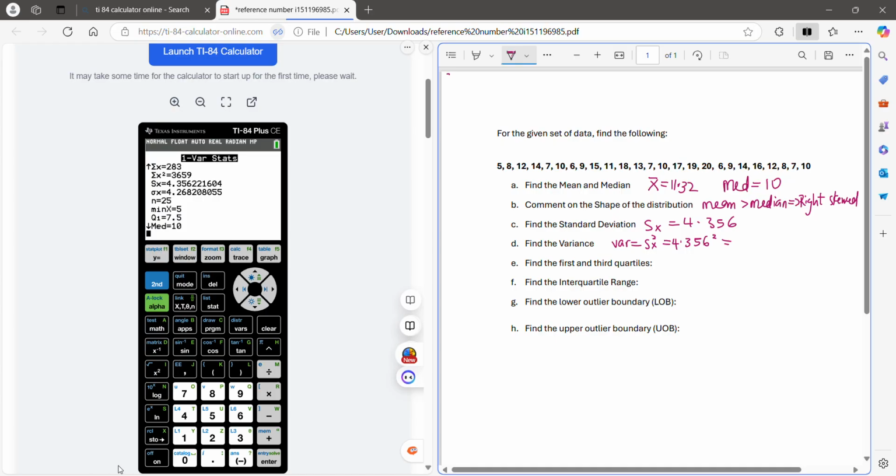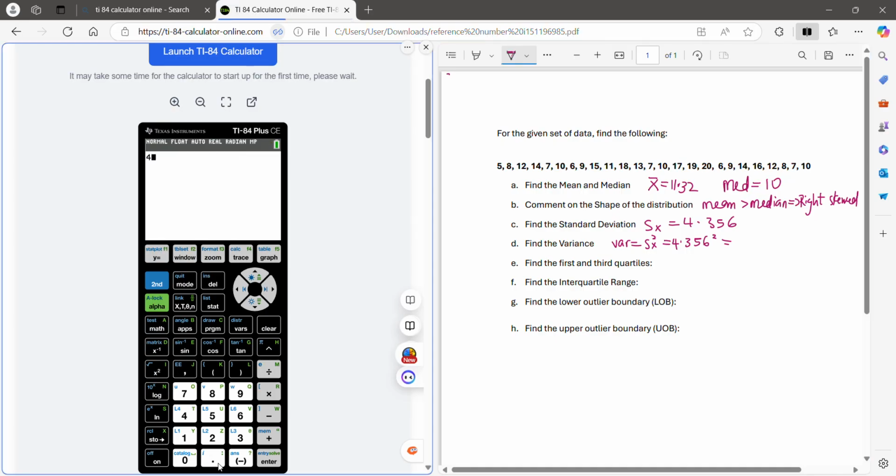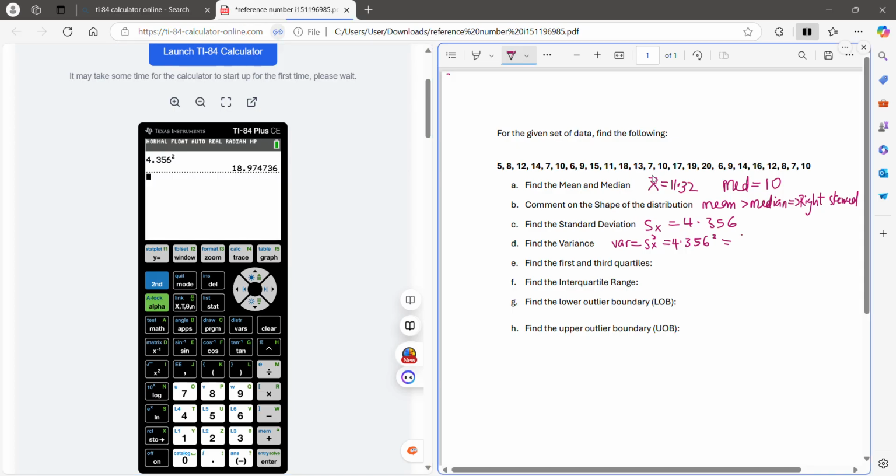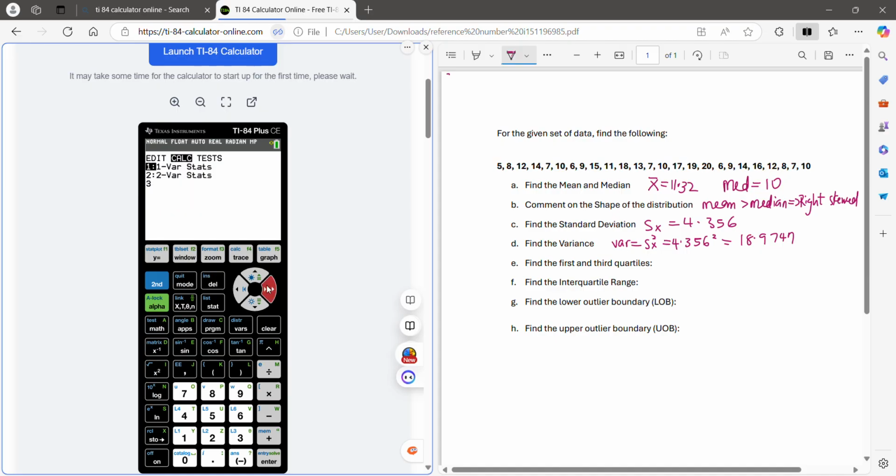Here we have 4.356 squared. So here we have this to be 18.9747, and you can leave it in 3 decimal places. So you can go back to the question and see your answers easily.